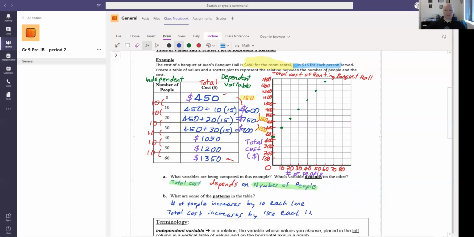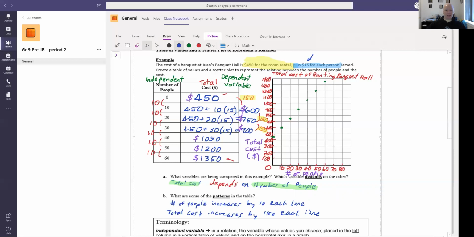Again, I apologize for my writing. First day on the tablet here. So now there's a few things to notice here. First of all, up here in the description, it says that each person is charged $15 for the meal.